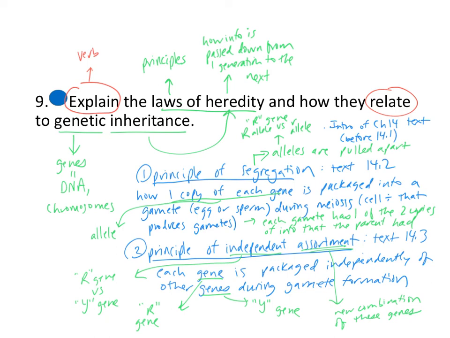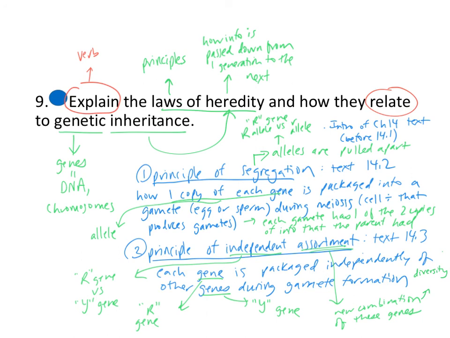On the other hand, for the second principle, independent assortment, this is the big idea about relating to genetic inheritance, that there are new combinations of these genes in an individual, and so we could get combinations that were not seen before in the parents. And ultimately, why this is so important to genetic inheritance is that this leads to diversity in terms of combinations of information.